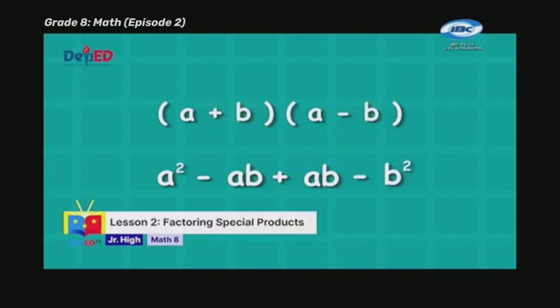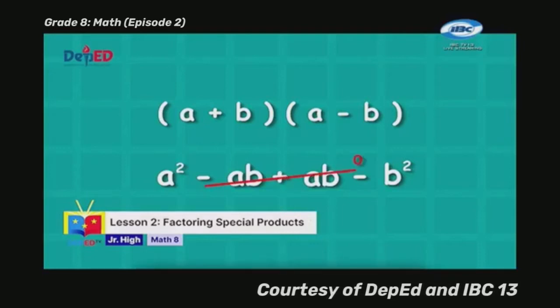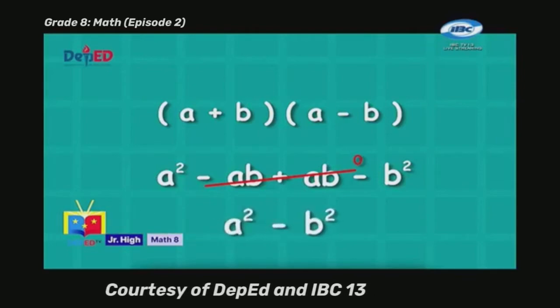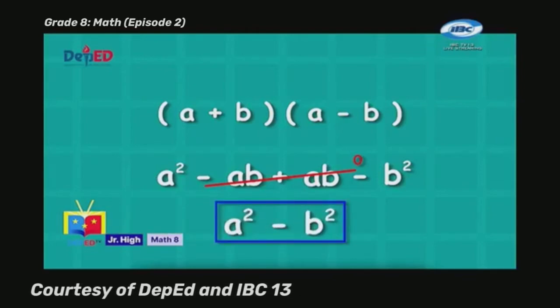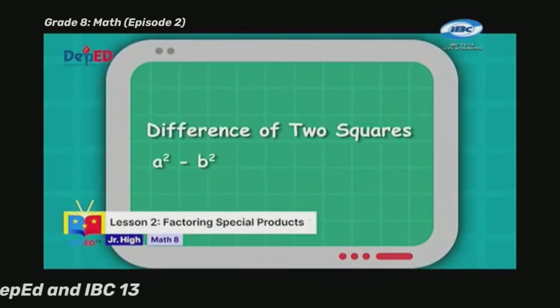We can simplify the polynomial by combining like terms, which will give us negative ab plus ab equal to 0. Hence, we are left with a squared minus b squared.